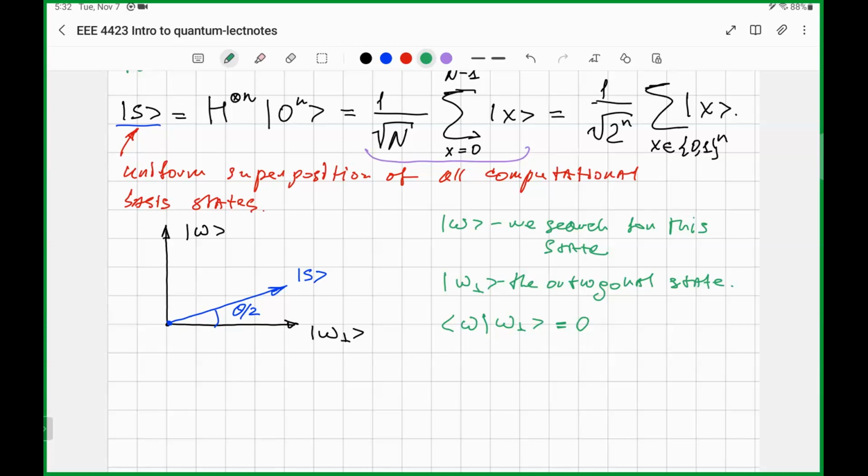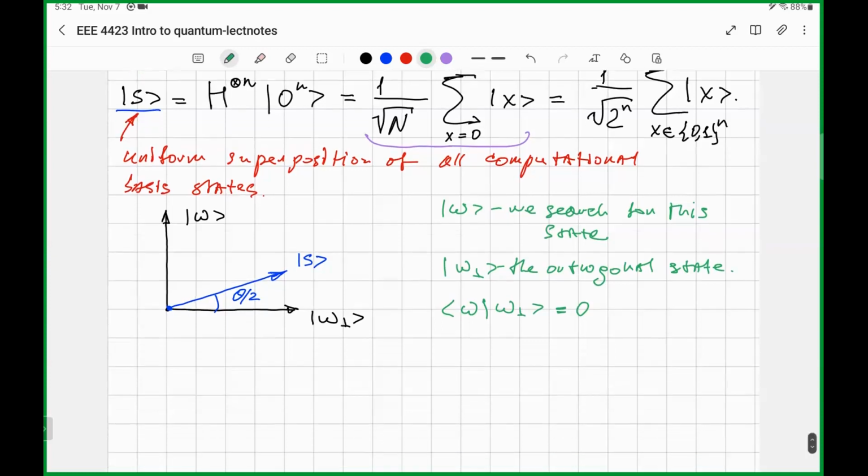So how does Grover's search algorithm work, in general, in this schematic representation?